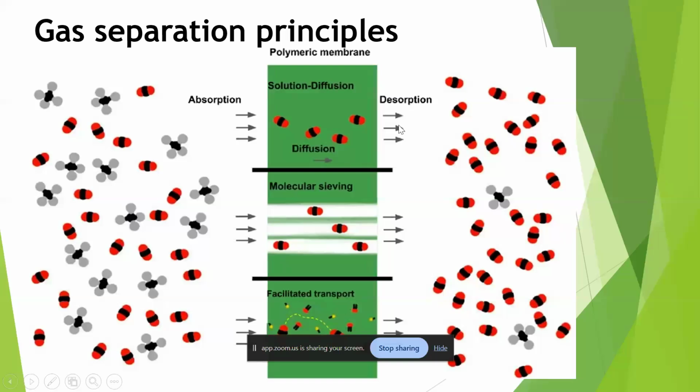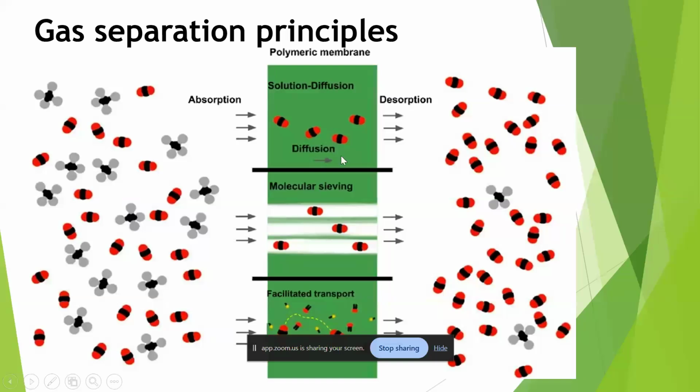Solution diffusion, here, as we can see in the image from the left side, say a mix of gas is coming from the left, and say this is the polymer which we are using, one particular polymer, another one. So this particular polymer is making use of solution diffusion, another particular polymer making use of molecular sieving, another is making use of facilitated transport.